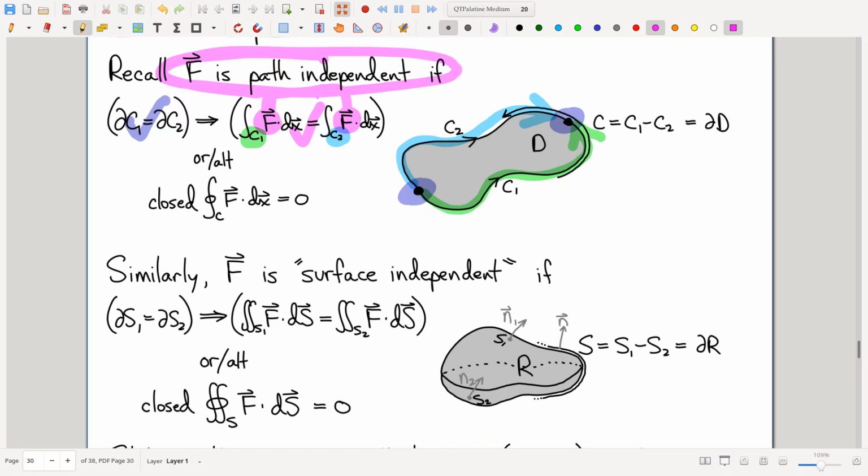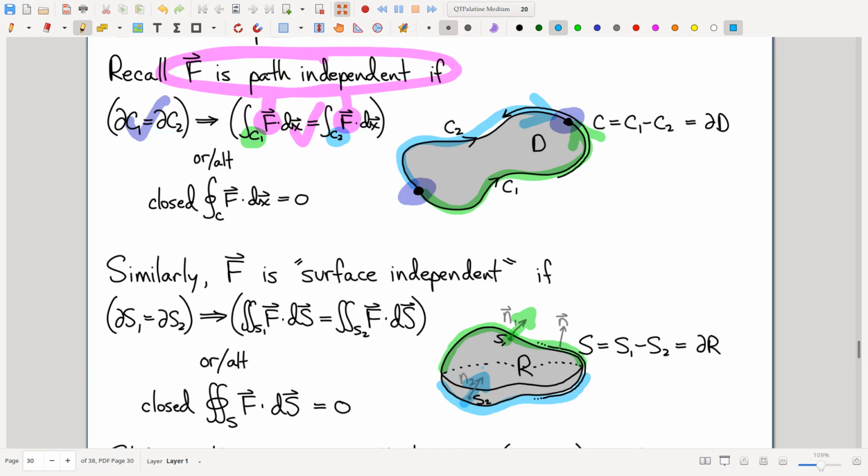Okay. All right, well, here's the analogous idea when we're talking about three dimensions and surfaces. We're going to be looking again at two separate things. It's just that now they are surfaces instead of curves. These surfaces are oriented by their normal vectors, not their tangent vectors. Not the direction you're going along them, but the direction you're going through them.